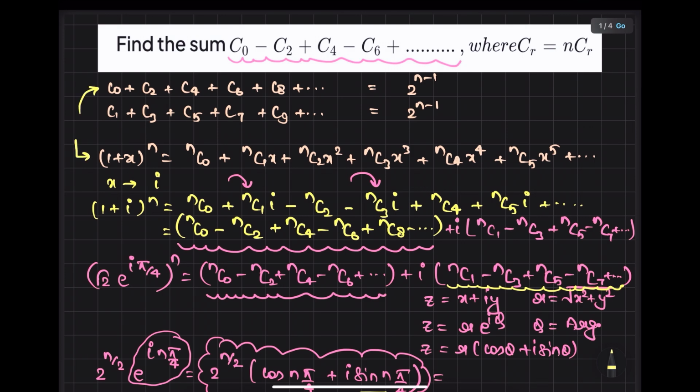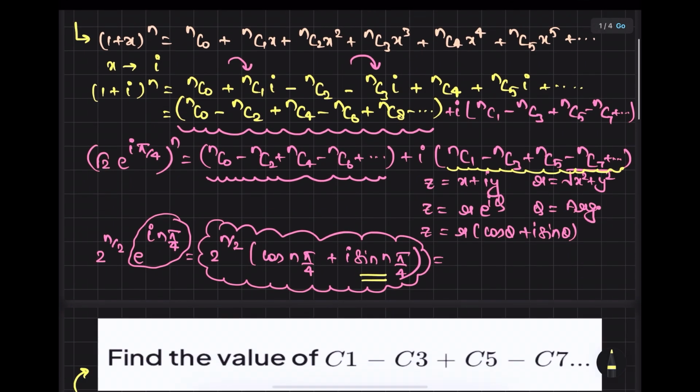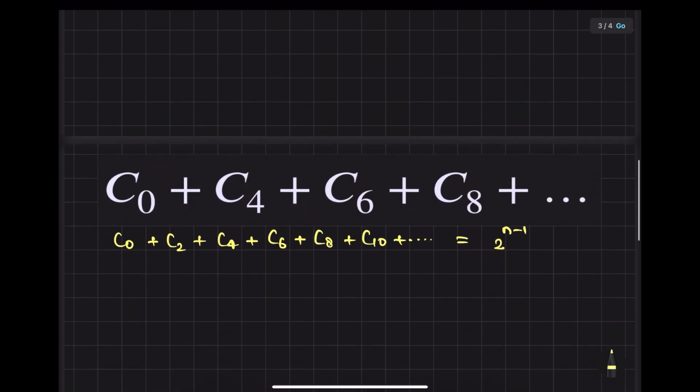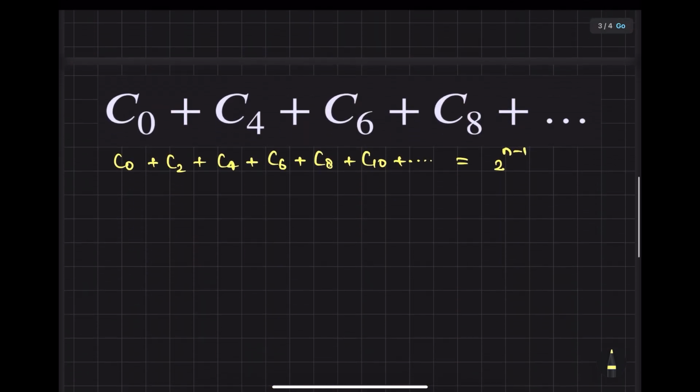If you replace x with 1, you will get the sum of all lower subscript. Now you have to replace x with minus 1 and then you have to add. So this is the sum of all even lower subscript. Now recently we have calculated C0 minus C2 plus C4 minus C6 plus C8 minus C10 dot dot dot.